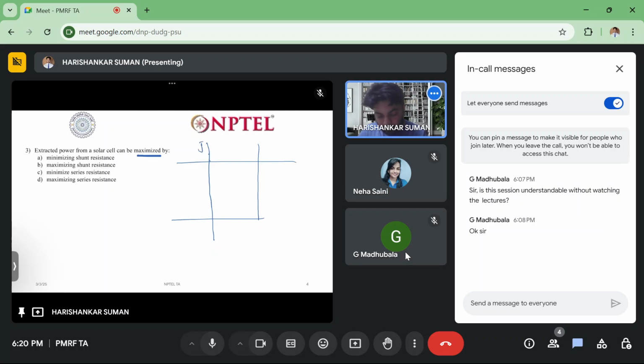This is J, this point is JSC, VOC. So this side gives series resistance. This side is shunt.